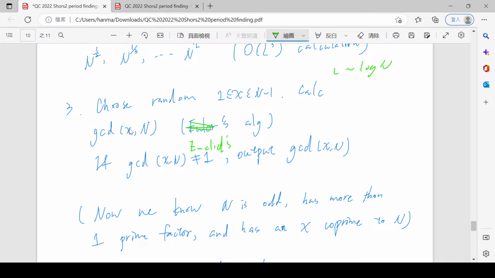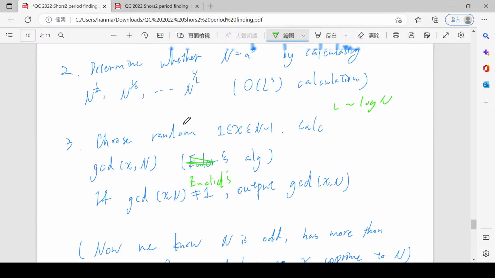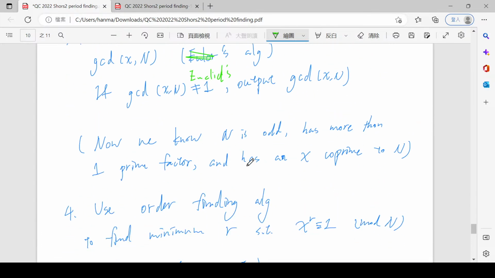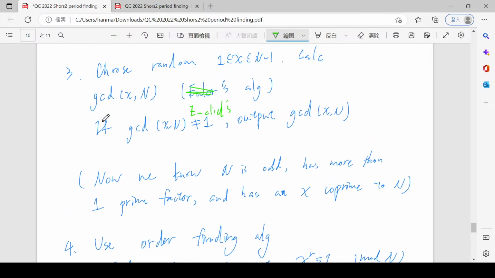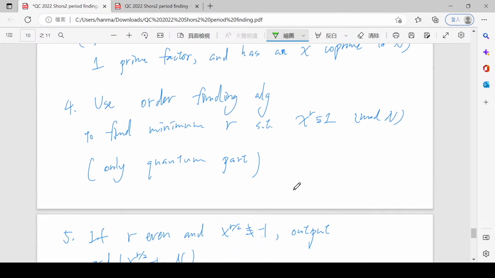If x and n are coprime, then you can start trying to find the period of x. Up to here, we have made sure that n is odd and has more than 1 prime factor, and x is coprime to n. Then we use the order finding algorithm to find R such that x to the R equals 1 mod n.